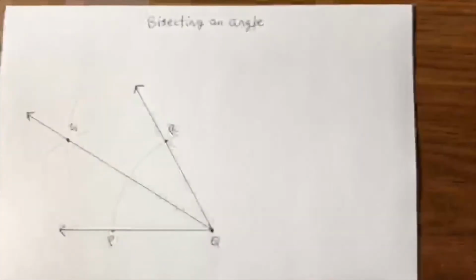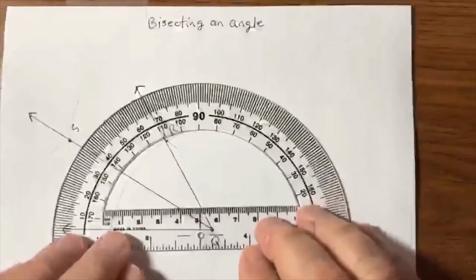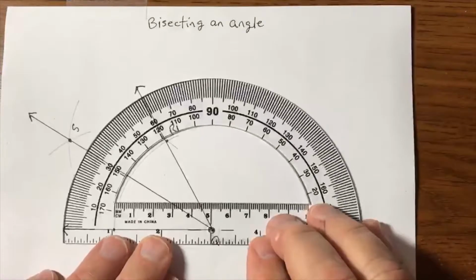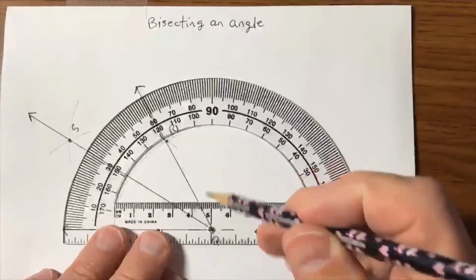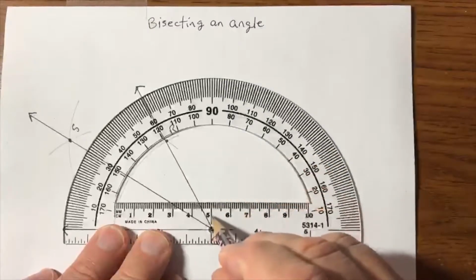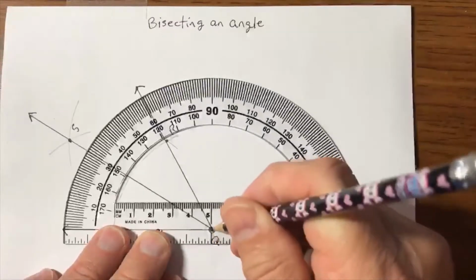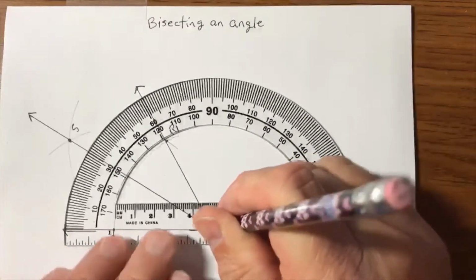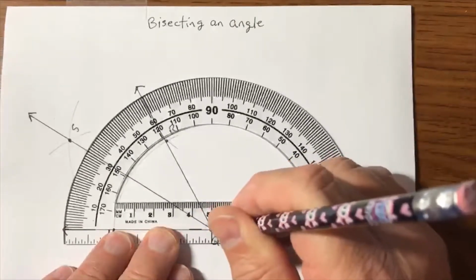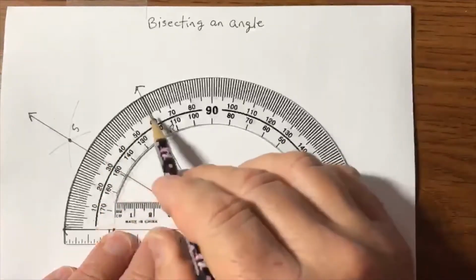Okay, to prove that that's 30, we know our first construction was a 60. So I want to line this up here, make sure I'm at that point, and then horizontally there. Okay, I'm at 60.